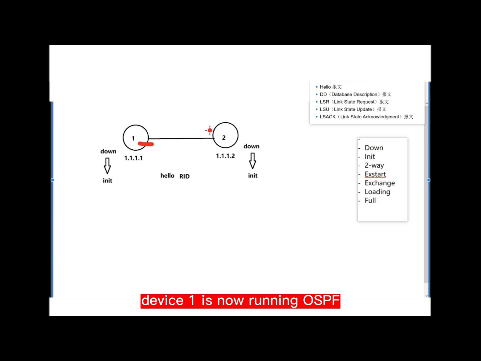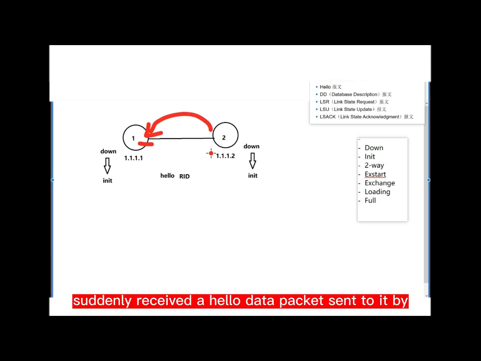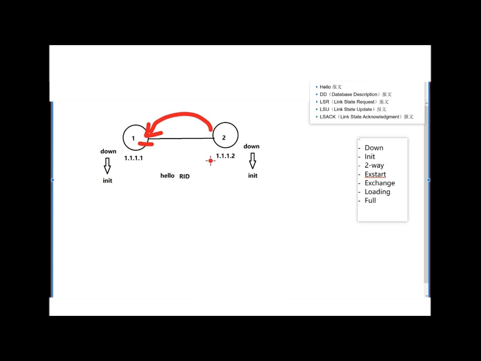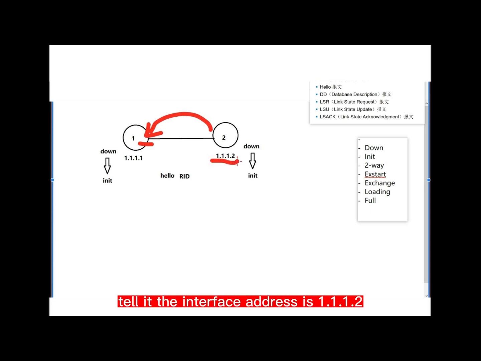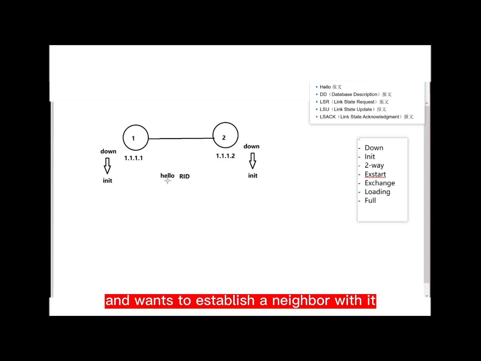Device 1 is now running OSPF. Suddenly it received a hello packet sent to it by another device. It tells it the interface address is 1.1.1.2. Router ID is 2.2.2.2. It knows now. A device came into the environment and wants to establish a neighbor with it. So now it will send a hello packet.